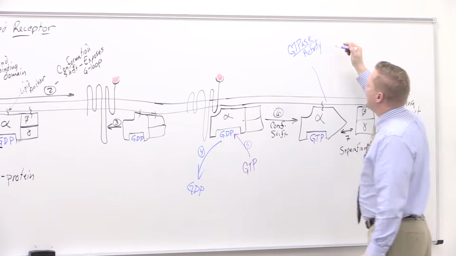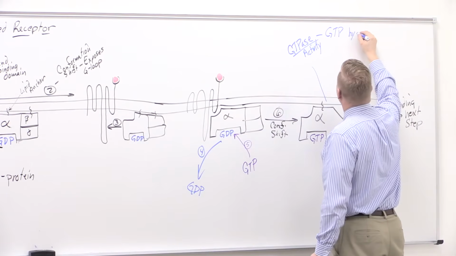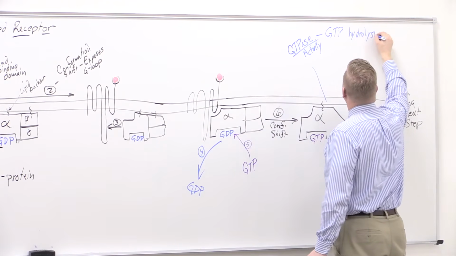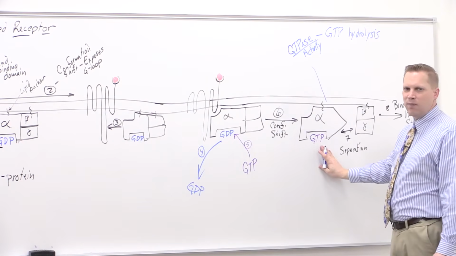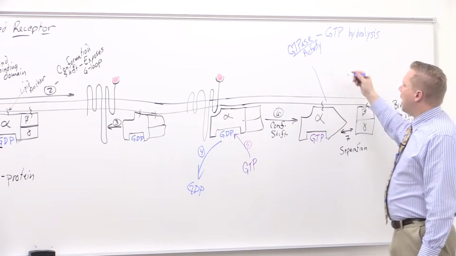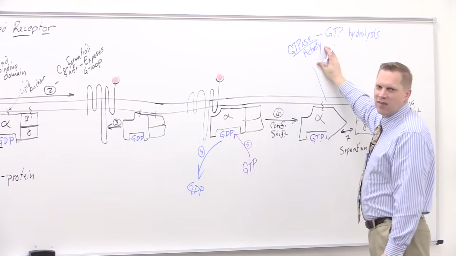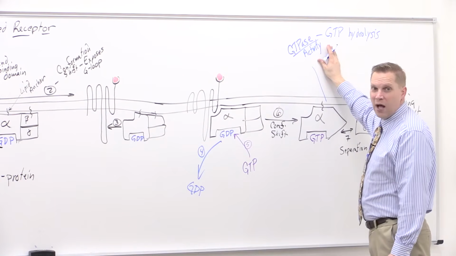And what GTPase means is that it has GTP hydrolysis ability. So the alpha subunit can actually hydrolyze this GTP into GDP. And it can do that all by itself. It has that inherent activity, but it's not very good at it. So it takes it a while to do it.